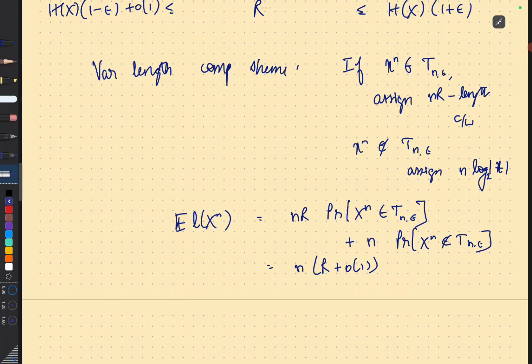So if for fixed length compression I could do better than entropy, then I should be able to do better than entropy for variable length compression, which we know is impossible, right? So it means you can't really beat entropy even for fixed length compression. That is indeed the best possible rate. All right. We'll see another proof for why the entropy is the best possible that we can achieve for fixed length compression schemes in the next class.